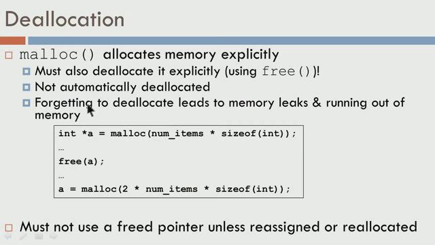Let's say I claim some memory and I don't have use for it anymore, I have to deallocate it, and for that I will use free. For example here, int star a is malloc of as many bytes as num items integers demand, and I use that. If I don't have any use for it, I should go and free up a.